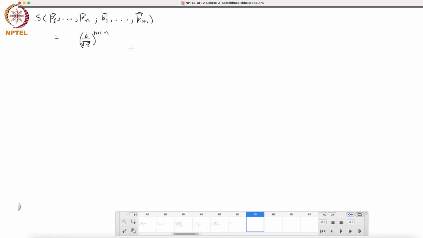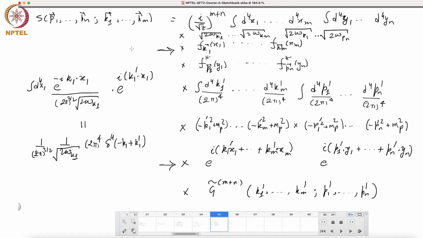Then we will have, each of these x integrals brings 1 over (2 pi)^(3/2). So we will have m such factors coming from xi integrals and n such factors coming from pi integrals. So let me keep that.